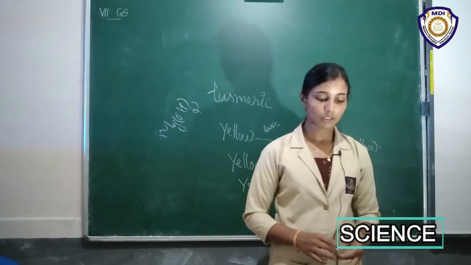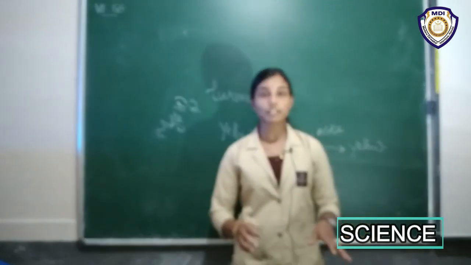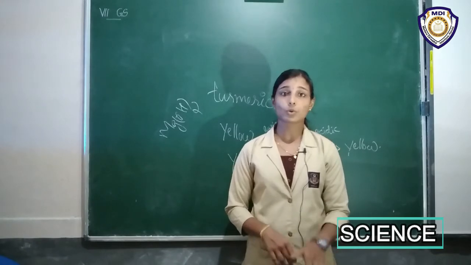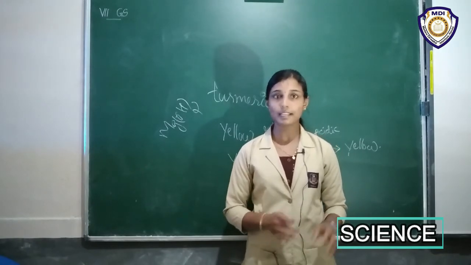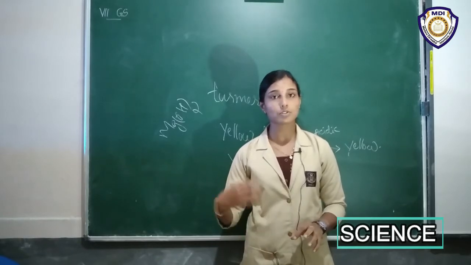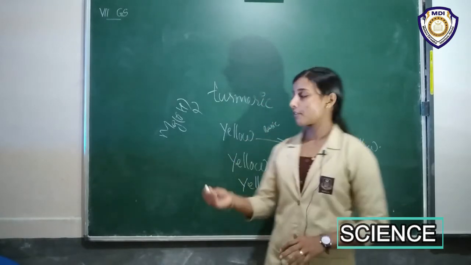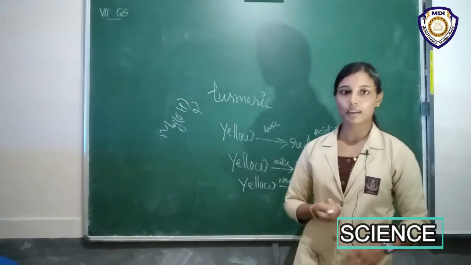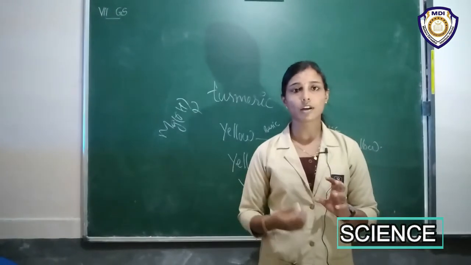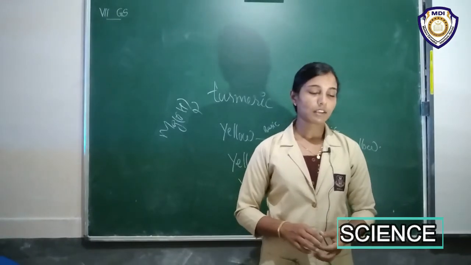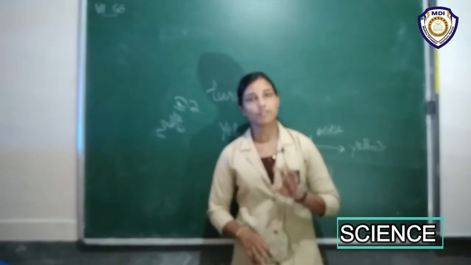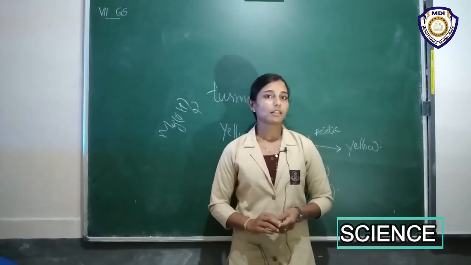And lime water here is calcium hydroxide solution, chunambu vellam, that is lime water. Lime water is also basic in nature, so that will also make a color change from yellow to red. Sugar solution will not have any effect on this turmeric strip, and common salt solution will not make any color change.